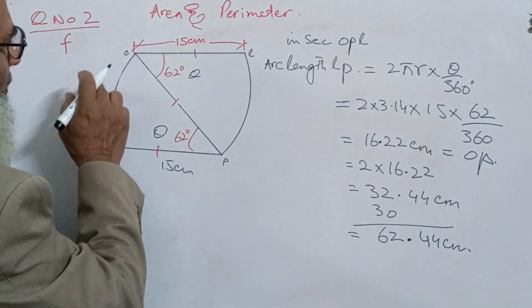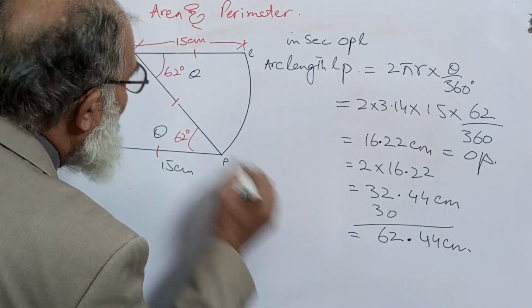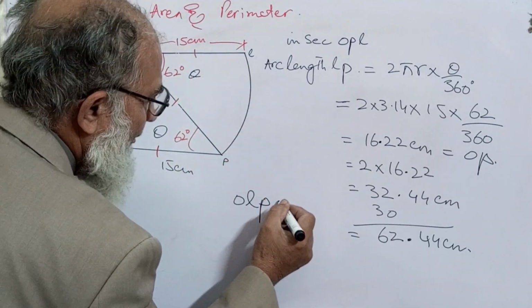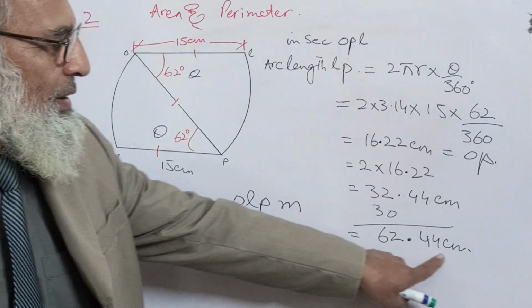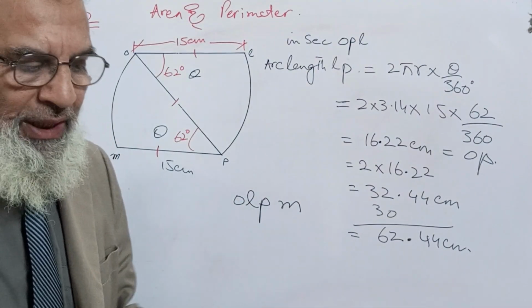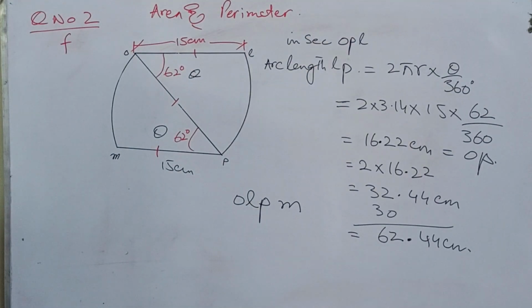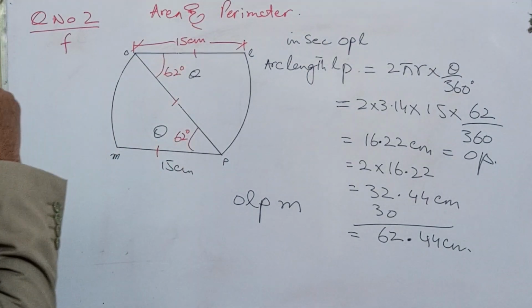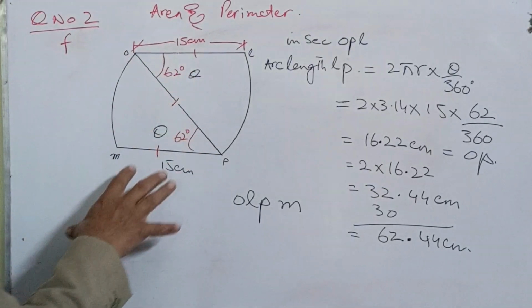Let me take it from O, L, P and M. The perimeter OLPM is equal to 62.44 centimeters.